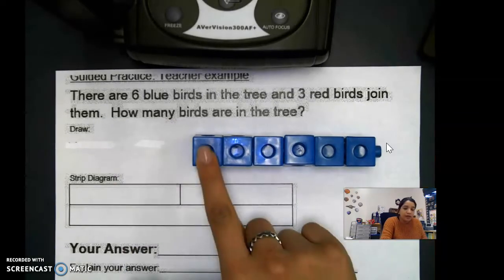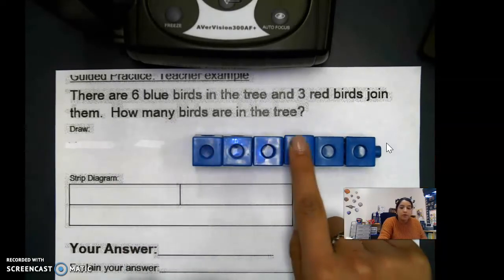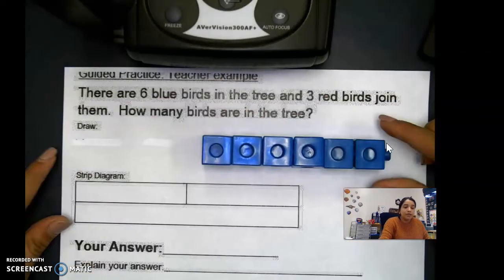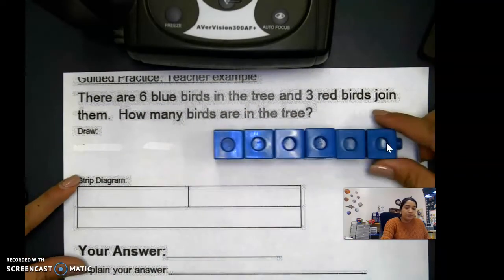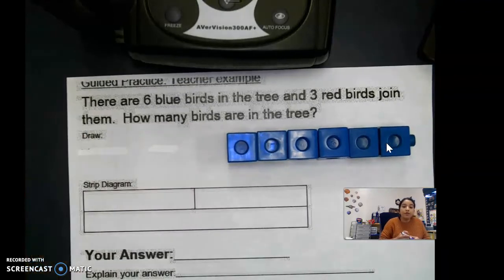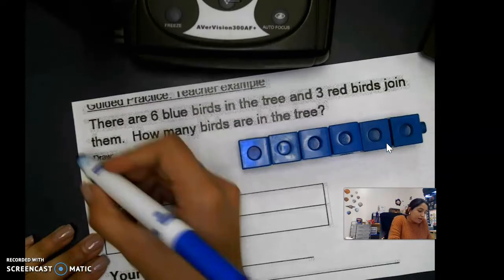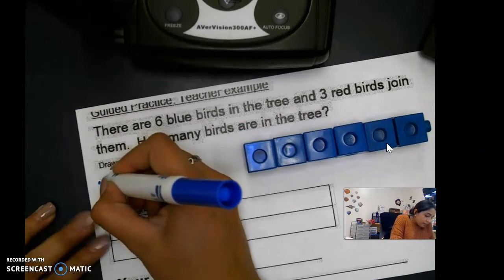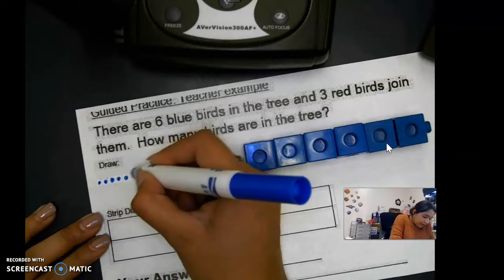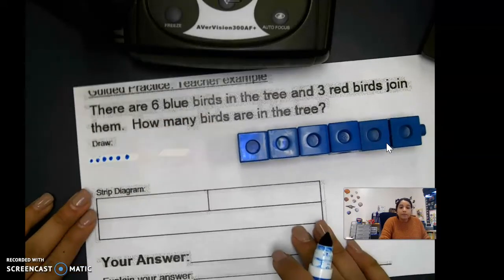So I have 1, 2, 3, 4, 5, 6 linking cubes to represent my 6 bluebirds. Right here, where it says draw, I'm going to draw 6 dots: 1, 2, 3, 4, 5, 6 for my 6 bluebirds.